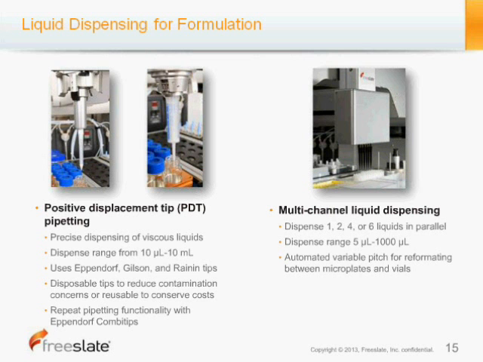The dispense ranges are from 10 microliters to 10 milliliters, and this allows us to dispense highly viscous liquids. The disposable tips will hopefully reduce contamination concerns, and certainly they can also be reused if you're using them across one type of buffer situation. We also have repeat pipetting functionality, which allows for efficient transfers.